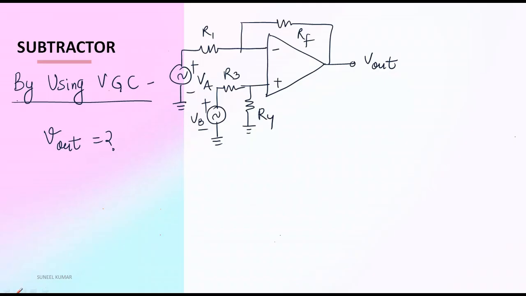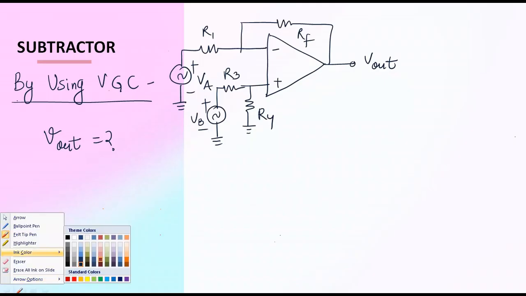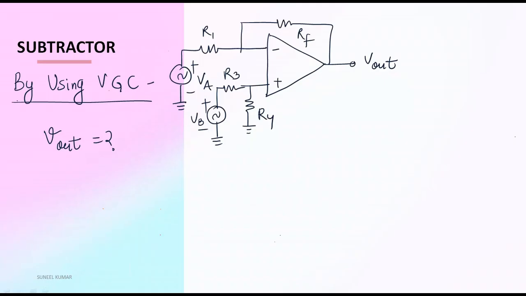So simply, first at the junction, let's say this is point node A. Here we have current I1. Inside going current is, let's say, I3. And this current is, let's say, IF.